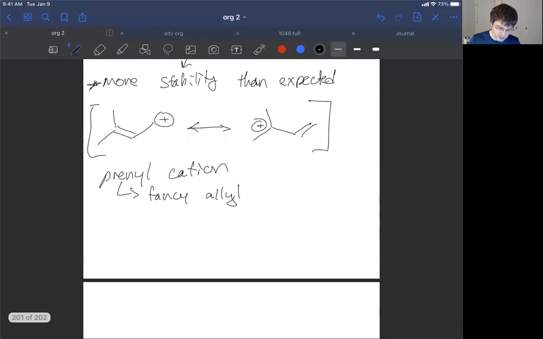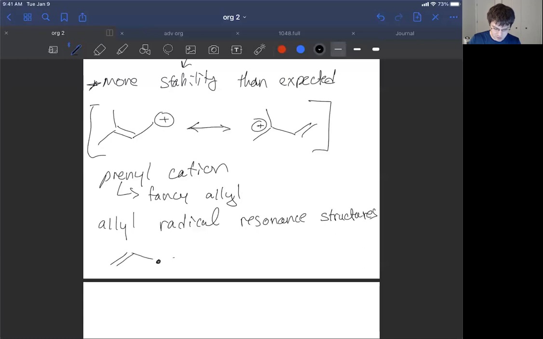We can also depict the allyl radical as multiple resonance structures. And it's the same sort of idea where we're going to move the electron deficient center and the double bond to opposite sides of the molecule. So if we have our radical here, we can also have it over here. More resonance structures equals a more stable molecule.